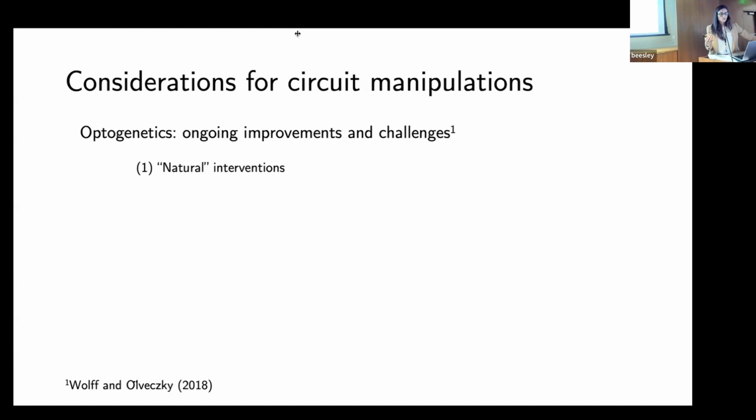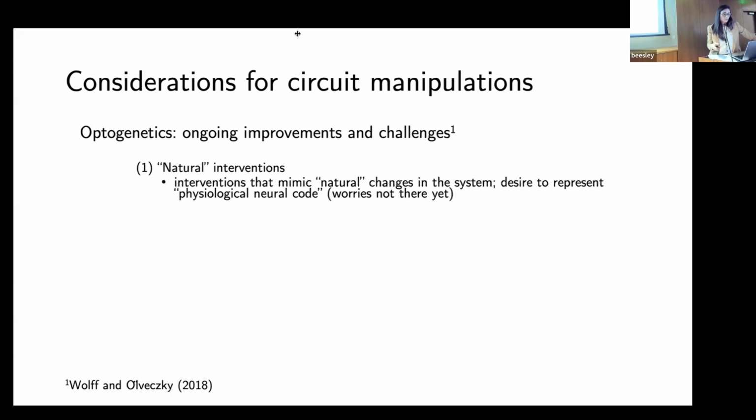One challenge that shows up for these optogenetics methods is an interest in performing what are called natural interventions. So you can imagine it's easy to think of intervening on a system in any type of way. What is of interest in the context of optogenetics is performing a kind of intervention that is natural in the sense that it's similar to the types of changes in neural activity that we would find in these systems in natural settings.